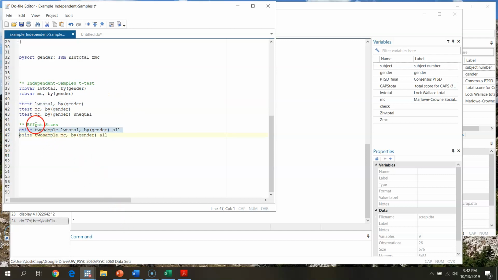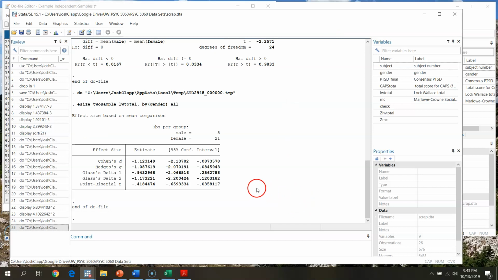So if I want effect sizes for my independent samples t-test for my Lock-Wallace, I can type in esize twosample, Lock-Wallace total by gender, and this is just requesting all of the effect sizes or pairwise effects that Stata will run. So if I go through and run this, it's pretty slick.